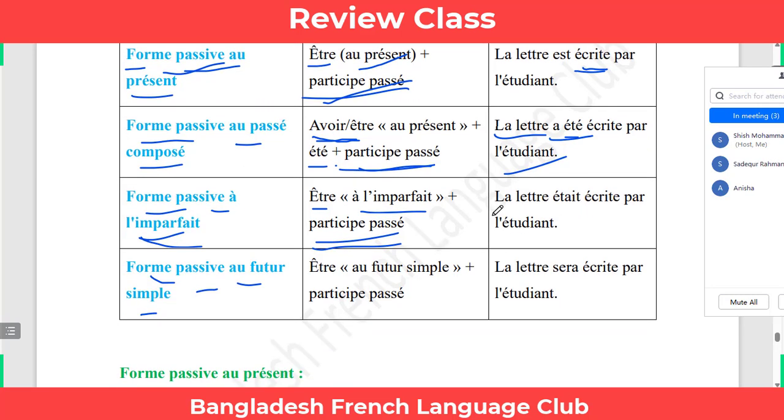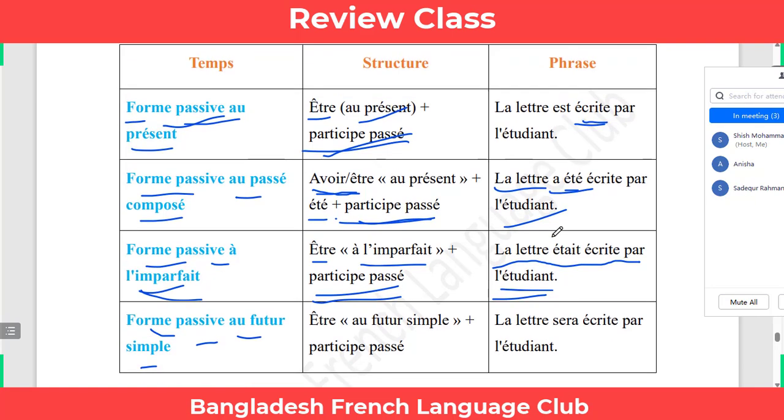Like this one, la lettre était écrite par l'étudiant. The translation of this is the letter was written by the student. So that is why I'm just making the difference between these two. Although this is a passé composé, this is also passé composé.